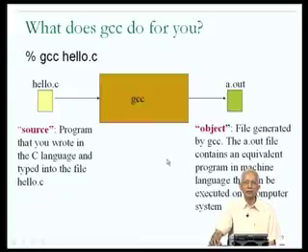So a.out is the file generated by GCC, and as described in the previous slide, it contains an equivalent program to the one that you wrote in C in the machine language so that it can be executed on a computer. So this is essentially how a program translator works. It takes in a source program in a higher level language such as C and translates it into an equivalent program in a lower level language such as the machine language.